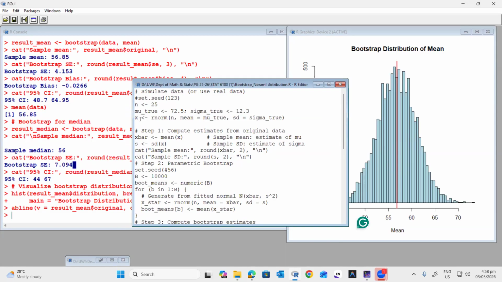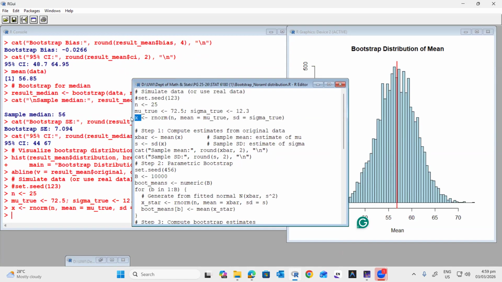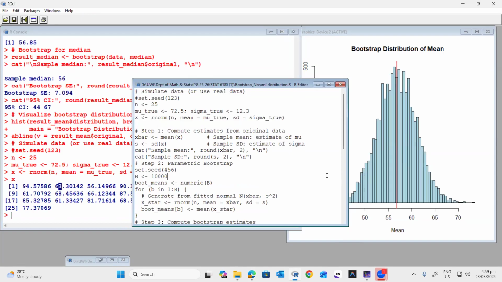So I'm going to generate the random data from rnorm with the same mean and same standard deviation. All right, so this is my data, generated from the normal distribution.